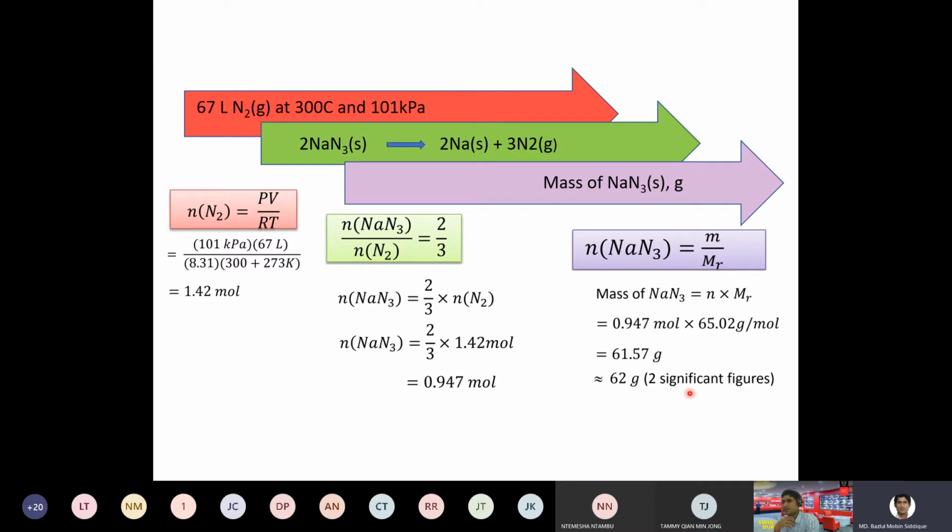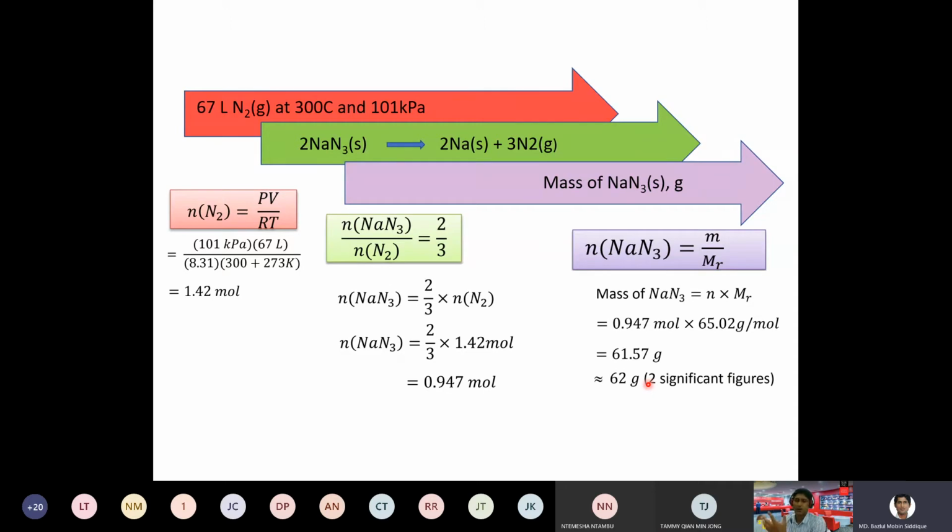All right, so this is one of the very interesting and important examples of stoichiometry, how stoichiometry is helping us to find out the amount of product or reactant. It can go backward as well.